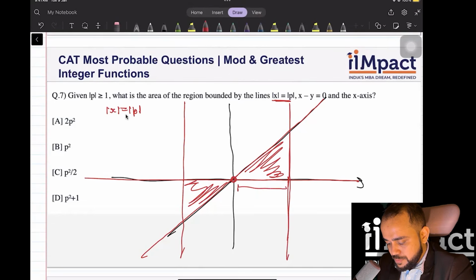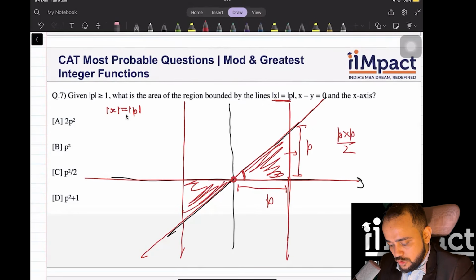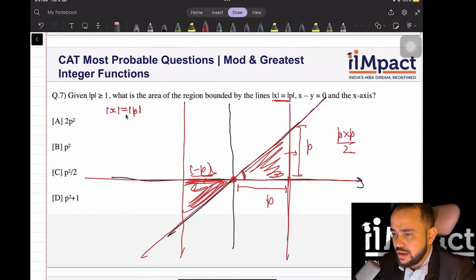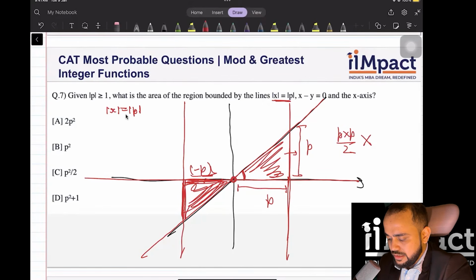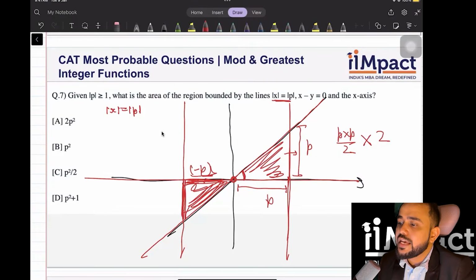This distance is p, the slope is 45 degrees, so this is also going to be p, an isosceles right triangle. So this triangle's area is going to be p into p by 2, which is also going to be the same here, because this would be minus p, so basically the mod would be p. I am assuming p to be positive. The same triangle is being made just on the flip side of things. So this entire thing into 2. So your answer will be p square.